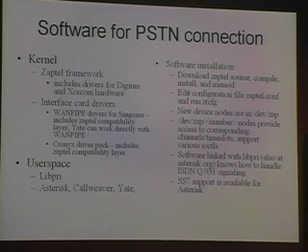And in userspace, you have a library, libpri, which is used to talk the ISDN Q.931 protocol. And you have the software packages themselves, which use libpri, which uses Zaptel, and basically do all the telephony.